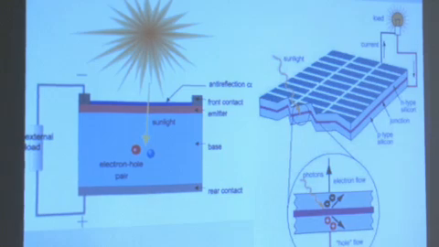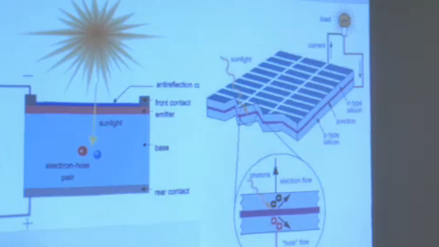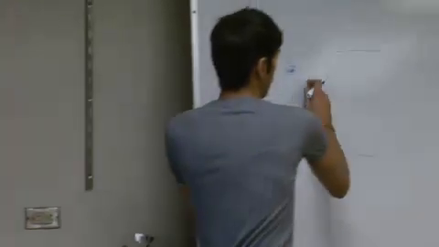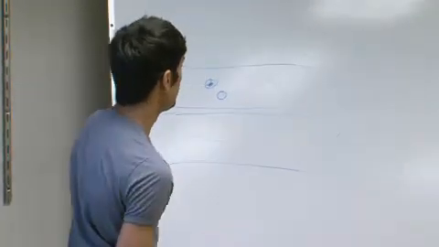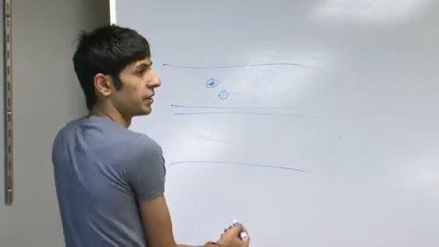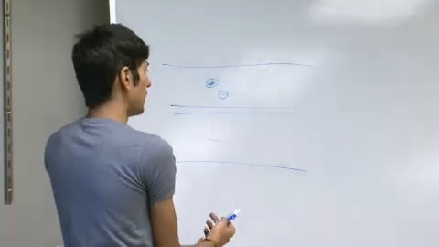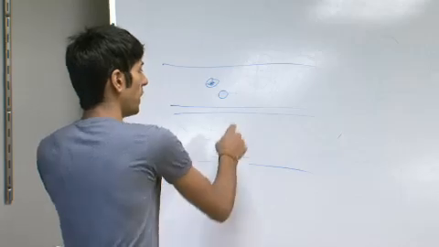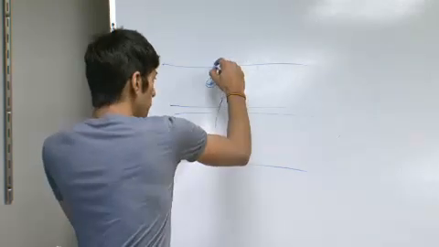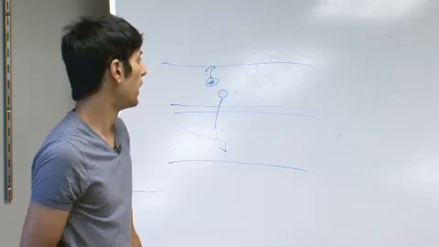So when you create this electron hole pair here, they're going to want to be pulled towards opposite directions, just based off of drift.